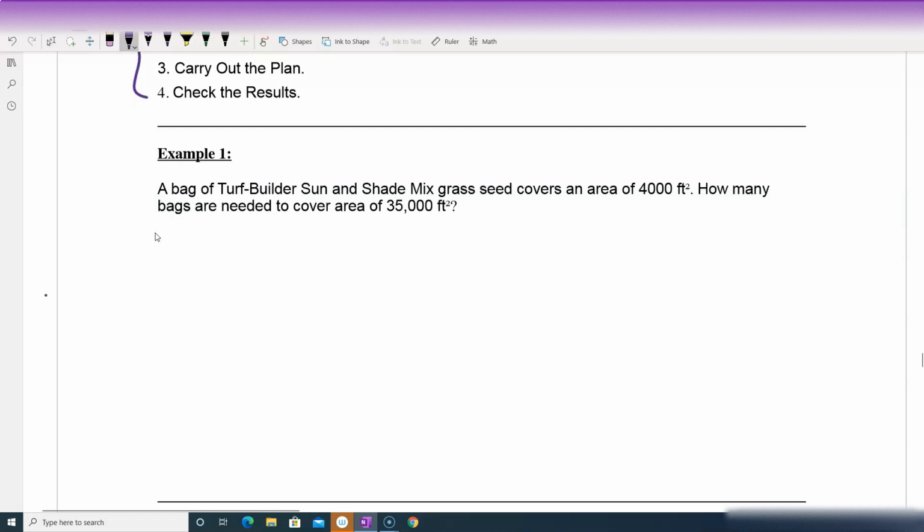Here is a bag that's covering an area of 4,000 feet square. How many bags are needed to cover an area of 35,000 feet square? Instead of bag, I'm going to define x equal to the number of bags.